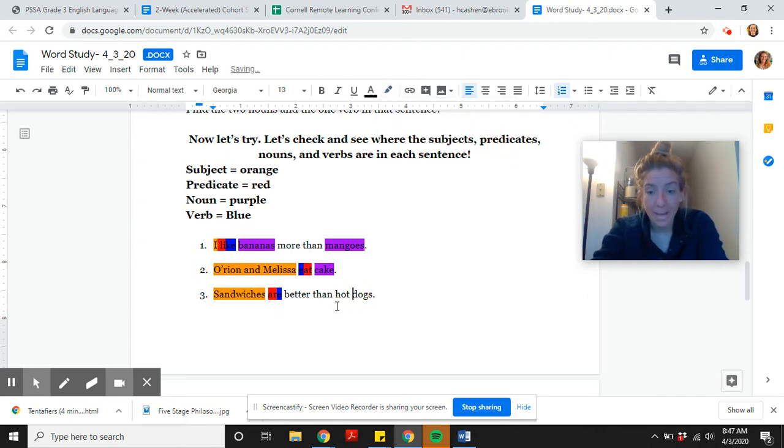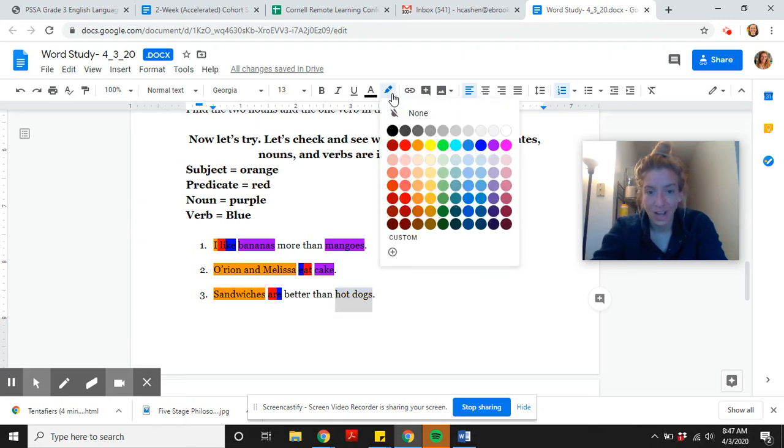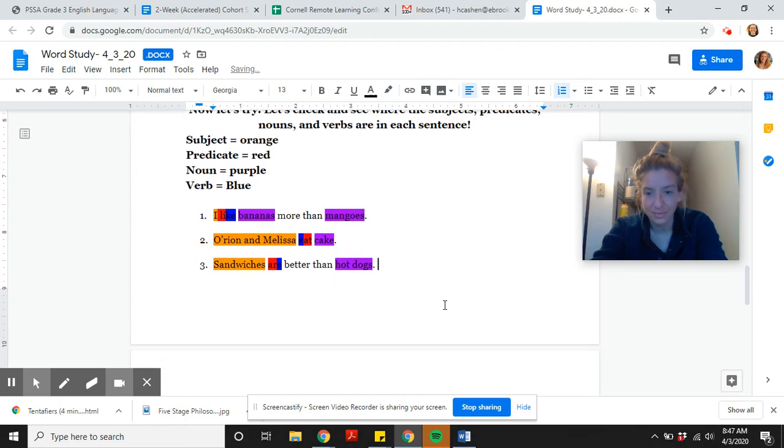Sandwiches are better. Is better a subject, verb or predicate or noun? No. Then hot dogs. What is hot dogs in this sentence? Hot dogs is just another noun. So I'm going to go ahead and make that purple.